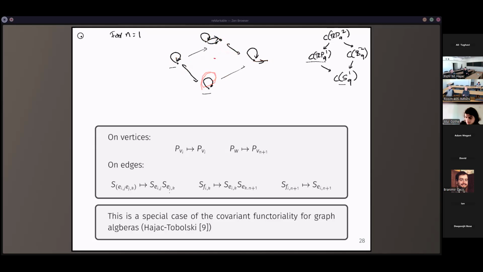So here this one goes to this twice. And let me throw in a quick comment, if you don't mind. This is precisely an example like this which motivated us to find a common denominator for both covariant and contravariant functoriality. Because if you look here, embeddings of the circles in bigger graphs is just taking admissible subgraphs. This is a very simple example of contravariant functoriality.